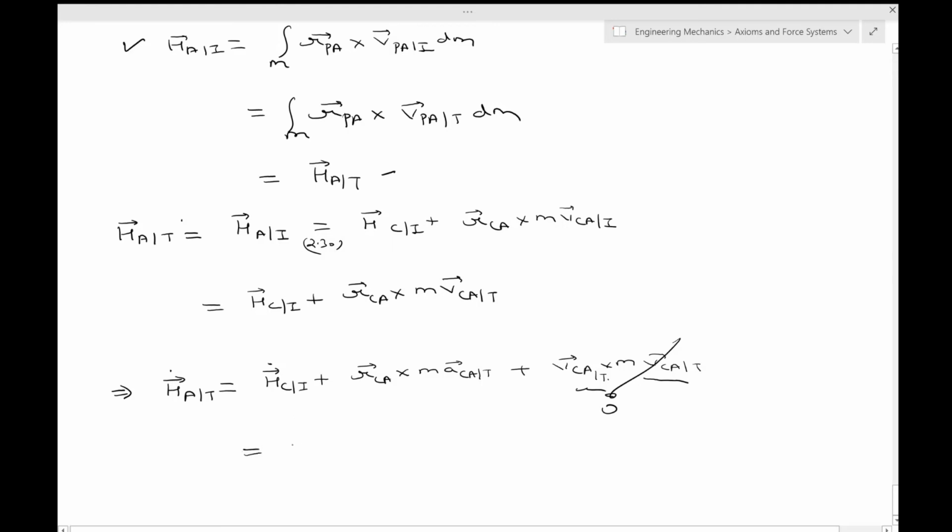This clearly will be equal to MC, because this quantity is equal to the moment due to forces about the center of mass. We have shown that earlier, plus RCA cross m, acceleration of C in the T frame minus acceleration of A in the T frame.